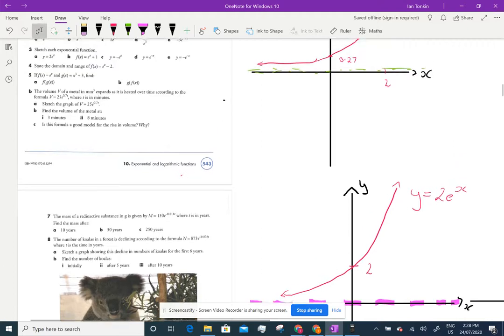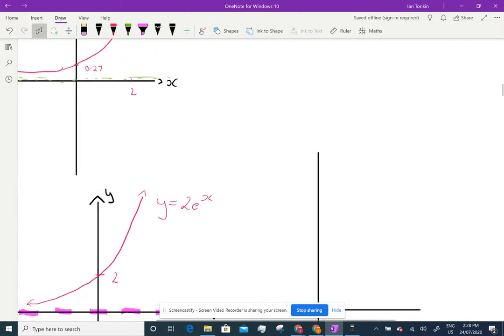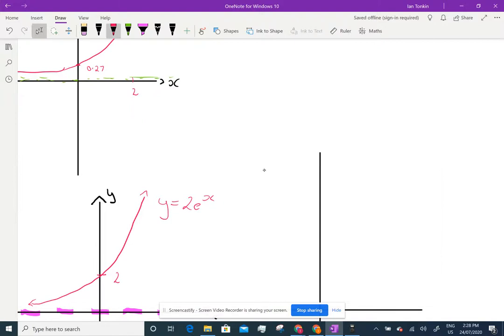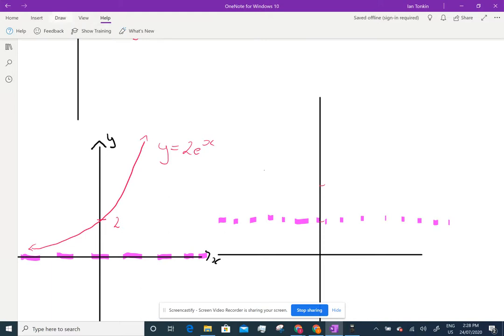Now, what's the next one? E to the x plus 1. Well, what is that going to do? That's just going to move everything up 1. So 1, 2. So it's going to go up there. But be careful. The asymptote is down here at 1, because the whole thing's moved up 1.